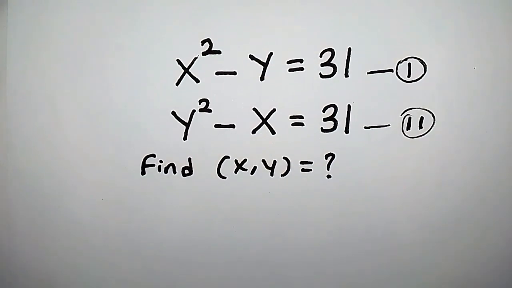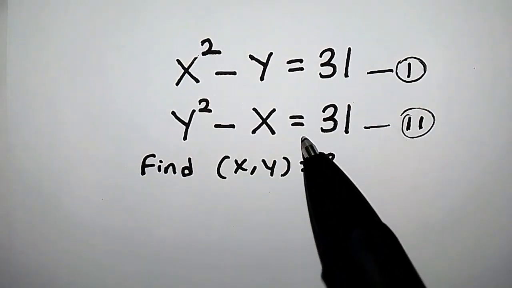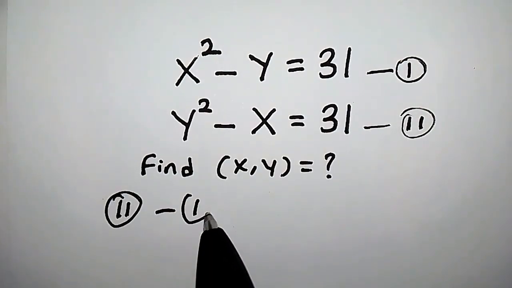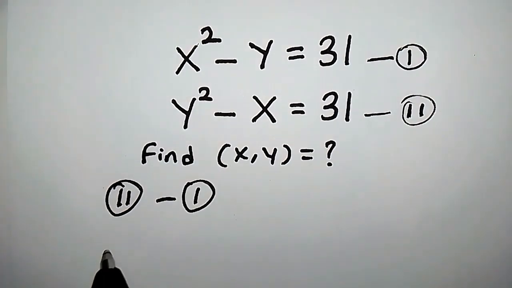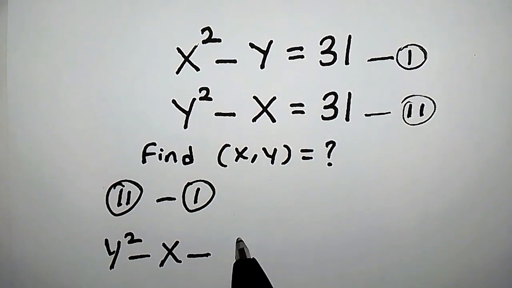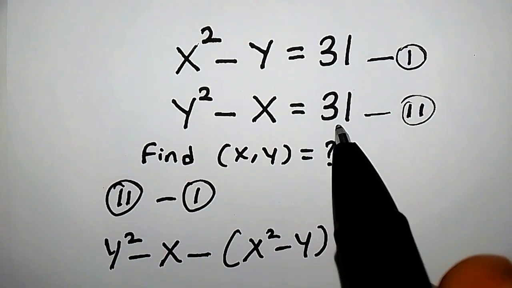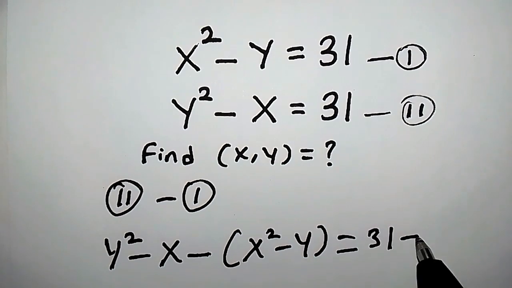The first step is to subtract equation 1 from equation 2. So equation 2 minus equation 1. The left hand side of equation 2 is y squared minus x, minus the left hand side of equation 1, x squared minus y, equals 31 minus 31.